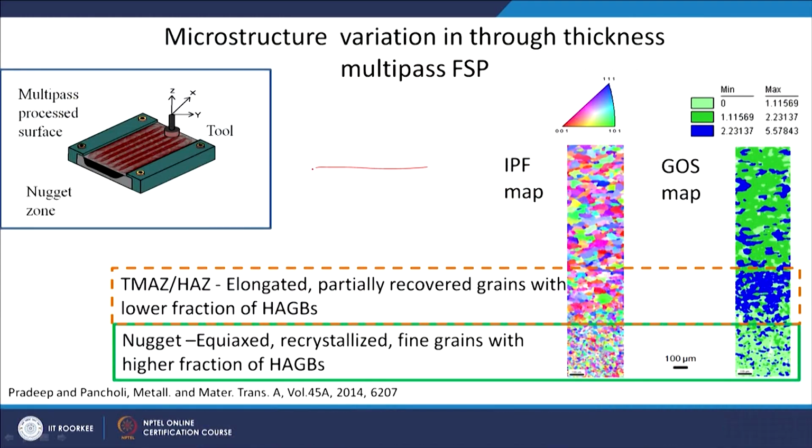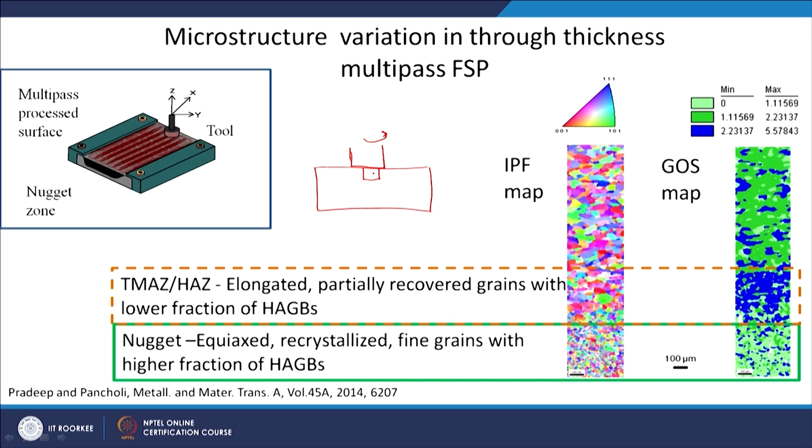Now, what is the effect of this processing on the microstructure? As we have seen, the material will be affected only equal to the pin length. Suppose this is my sheet, this is the thickness of the sheet, in which this is your pin, and this is my shoulder, which is rotating.